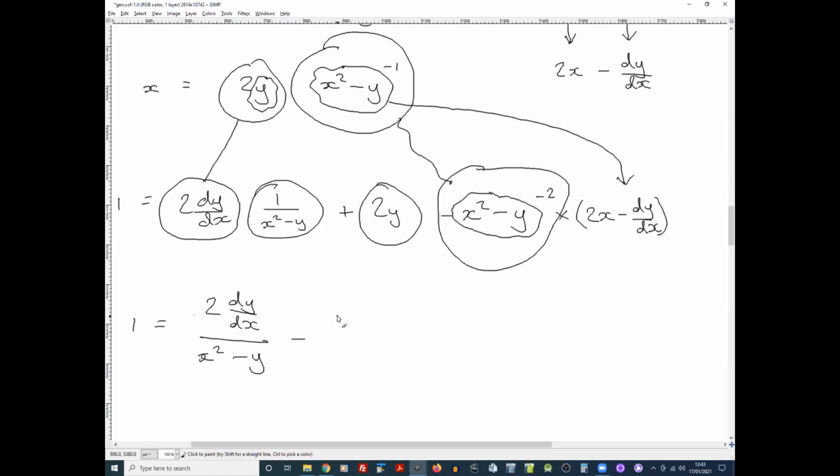Minus 4xy minus 2y dy dx over x squared minus y all squared. Check what I'm writing. On the bottom we've just got x squared minus y all squared, right? Yeah. So I agree with all of that. So I take back what I said.